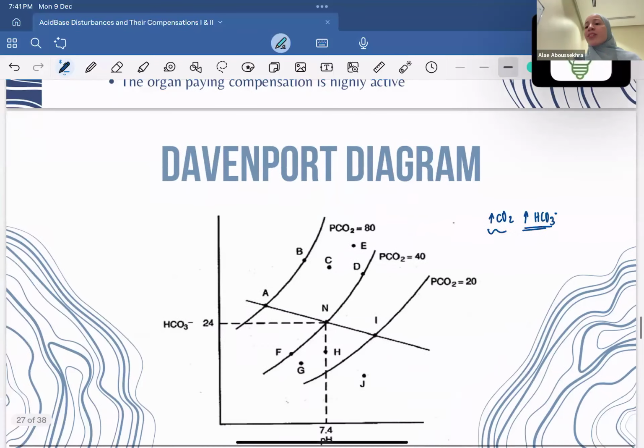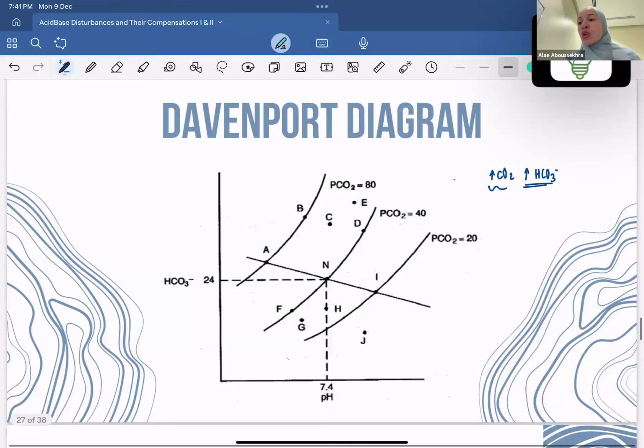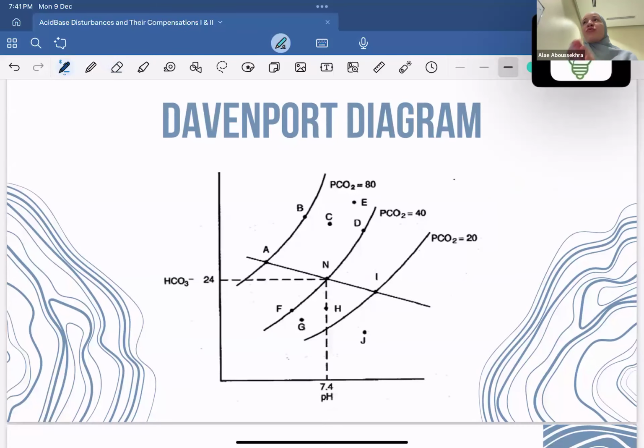So point C is basically a fully or completely compensated either respiratory acidosis or metabolic alkalosis. It could be one or the other. We can't really know because the point is at a normal pH, and so we can't differentiate.